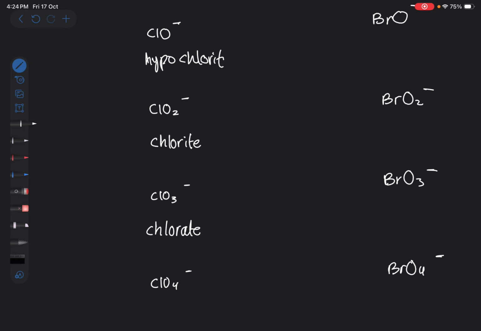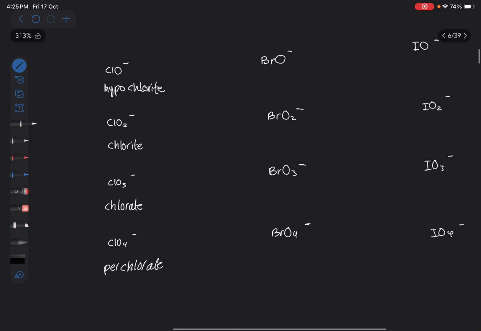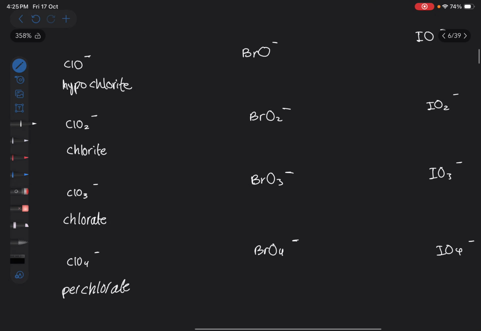So it's the same one, but I give it a prefix hypo. Now, what about the larger one? I'll give it a prefix per, and I'll just use chlorate from the previous one. Now, I repeat the same process on all of these.